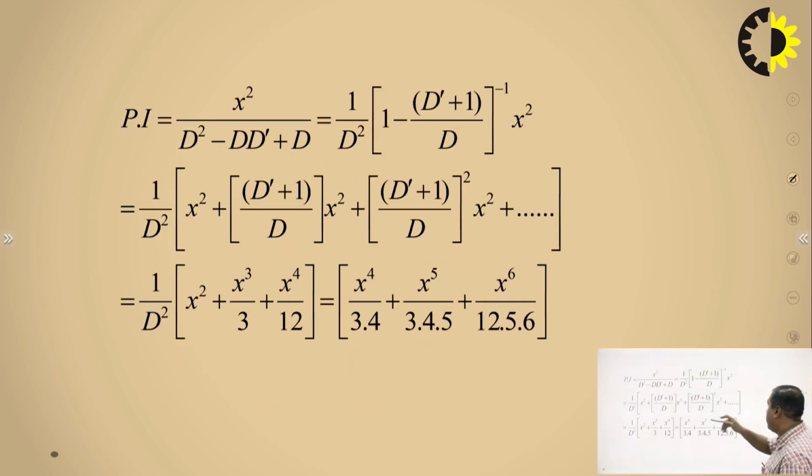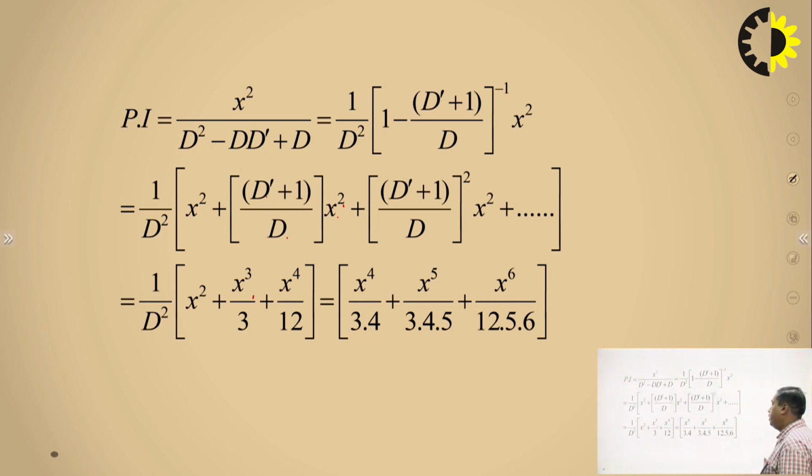And for x square, we take D square as common: 1 minus D' upon D to the power minus 1 into x square. By binomial expansion, we can write x square plus D' plus 1 into x square, and the term (D' plus 1) whole square. The value is 1 upon D square of x square plus D' square, that is x square, D' upon D into x square, x cube upon 3 plus x to the power 4 upon 12.